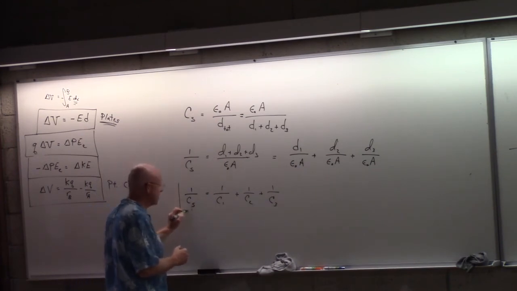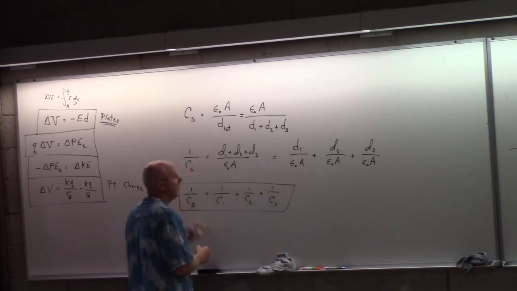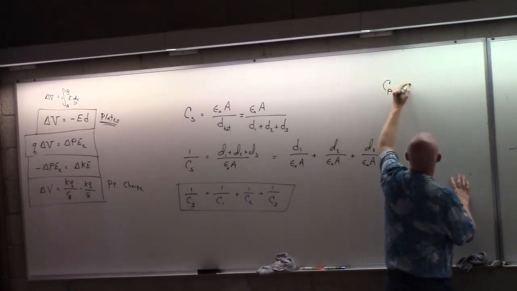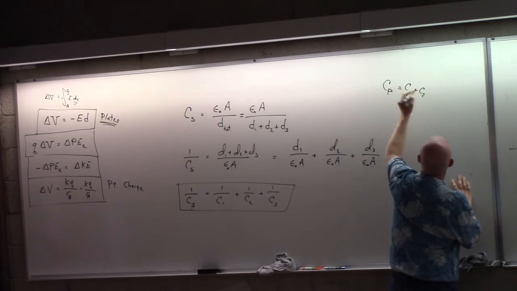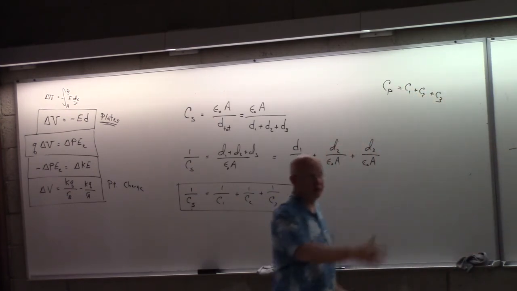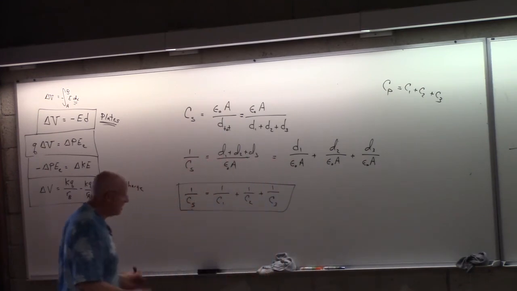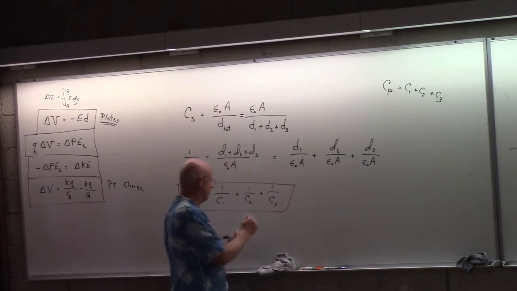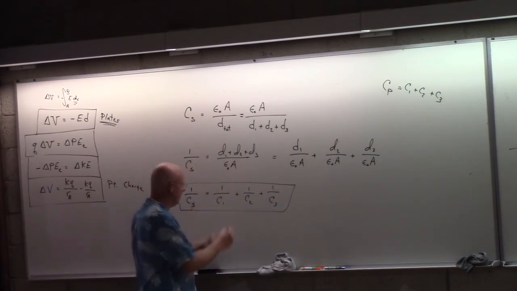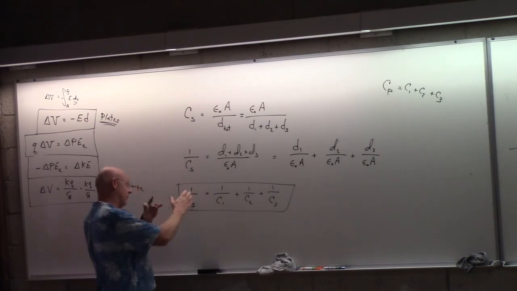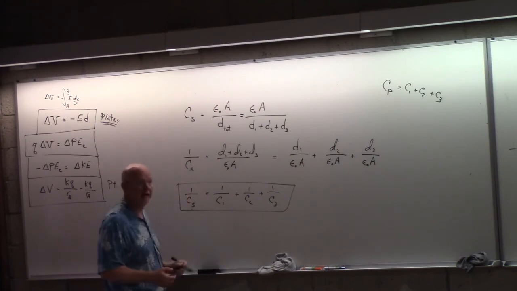And so this one is different, and I have erased it, but when they were in parallel, you just added them together. And we did, and that was the easy one. That's why I wanted to do it first. The series is a little bit harder because what you have to do is take the reciprocal of each one, add them together, and then of course that is the reciprocal, so the last step is to take the reciprocal of all that.